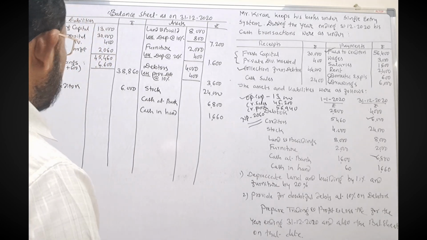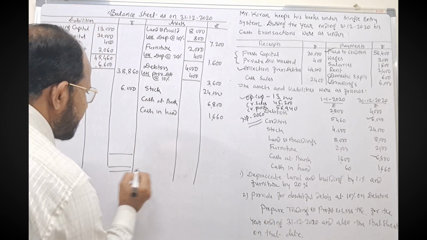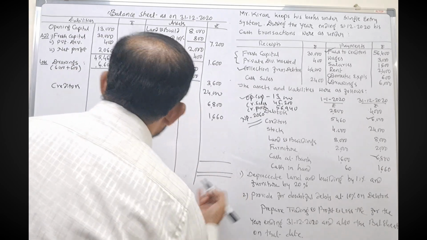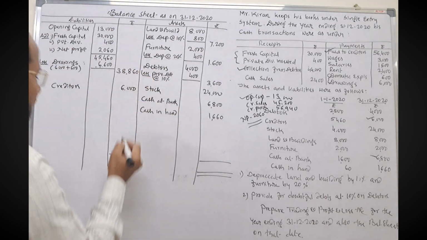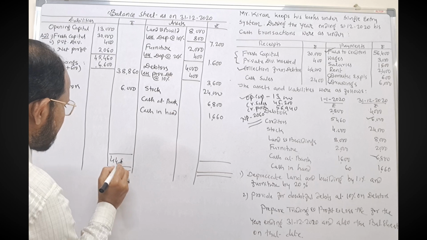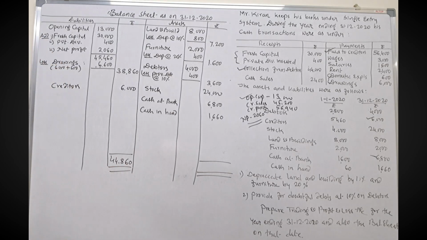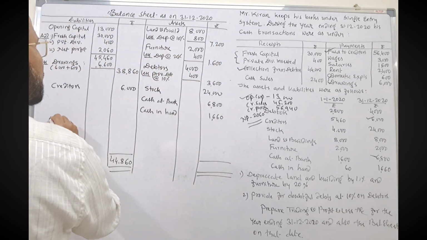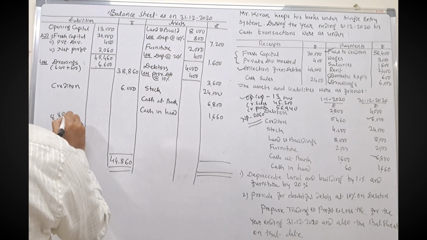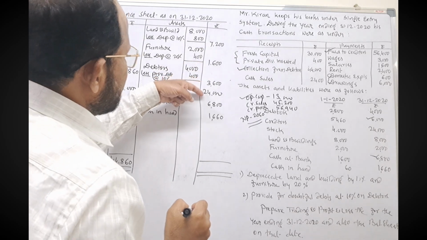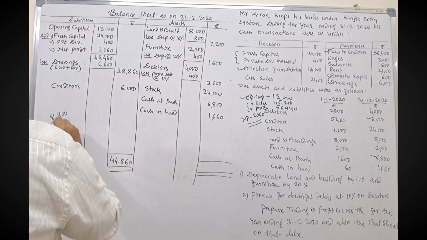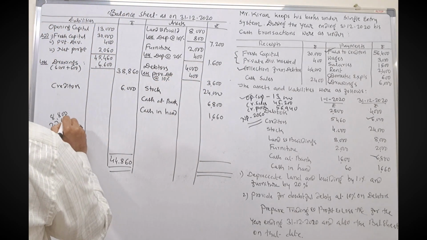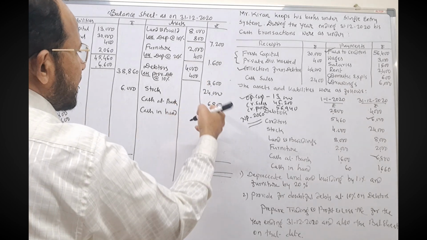Now let us check the balance sheet. Okay, close this one. This side 44,860. Now here make the total of this one: 8,800, next one 27,600.